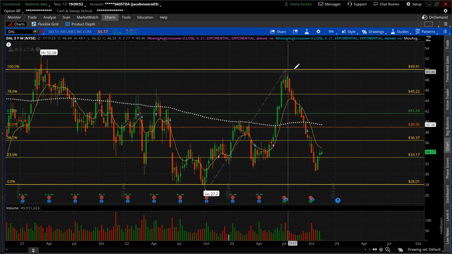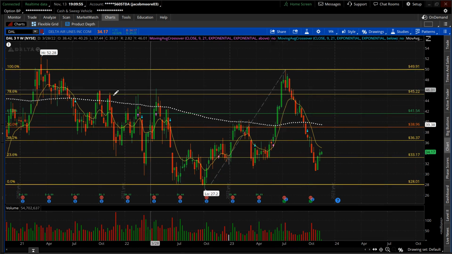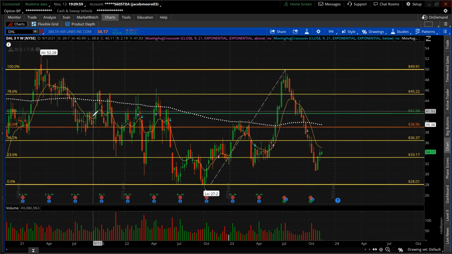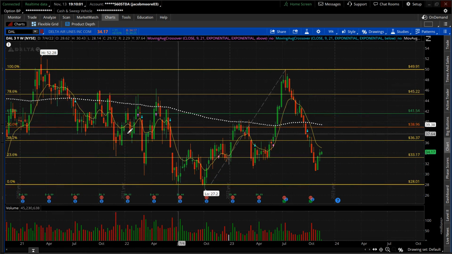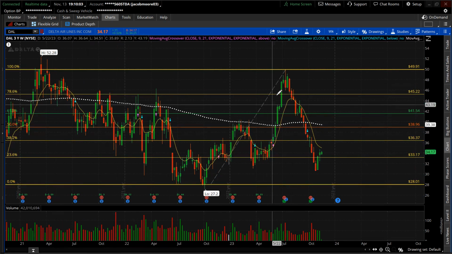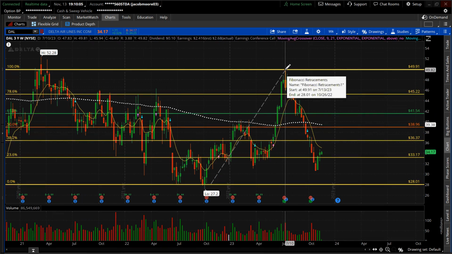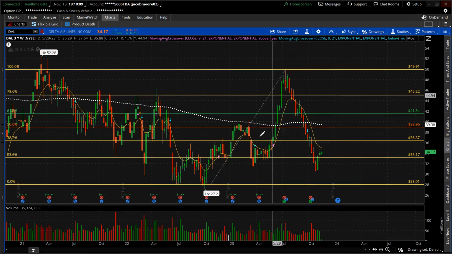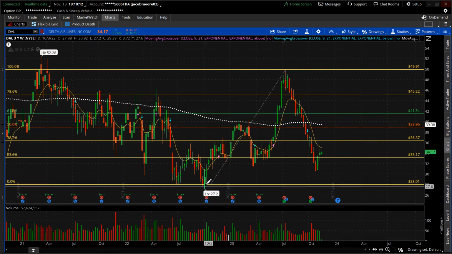However, I'm going to go to the nearest high because truthfully, yes, I do care about what the past has that is able to make a larger picture. However, this nearest high is what I am going to be looking at first. So I'm going to go from the nearest high to the lowest low.